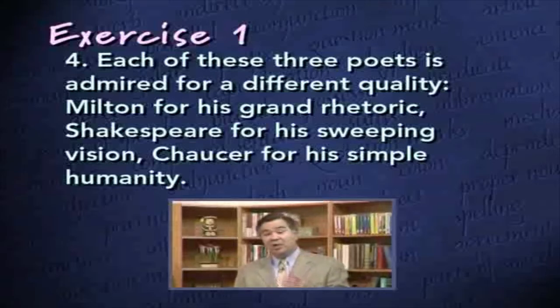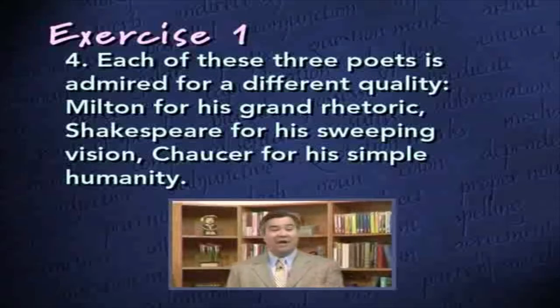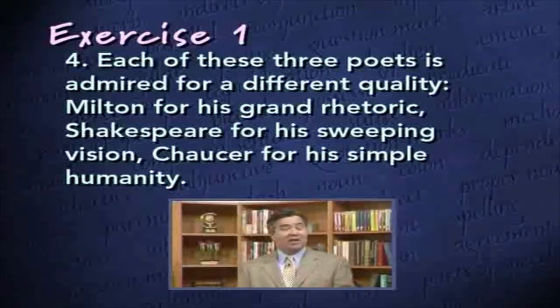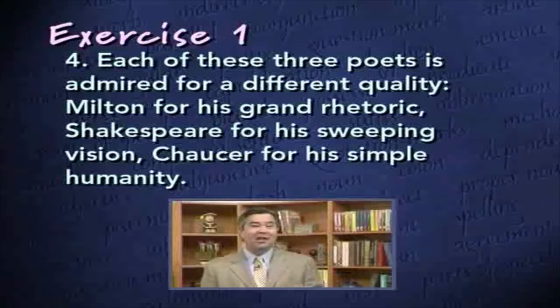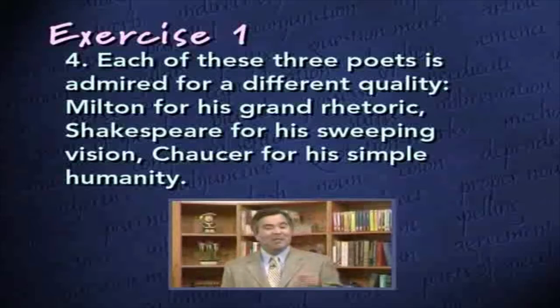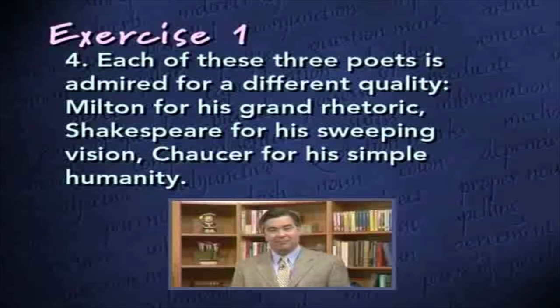The sentence reads clearly and vividly because parallelism has been followed so effectively. So this is the sentence in our exercise that doesn't need any correction. It's perfectly correct as written because the author has been very careful about parallel structure.